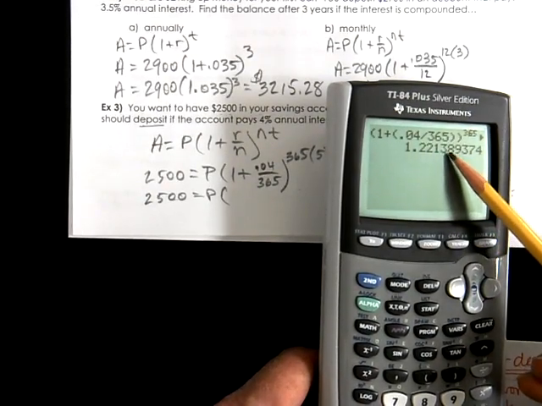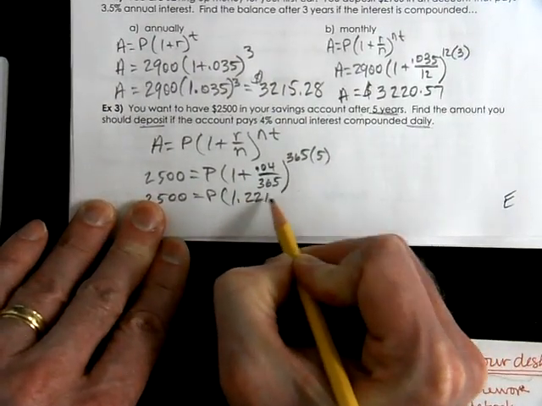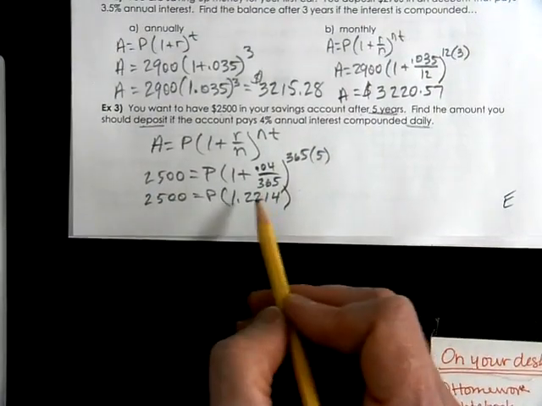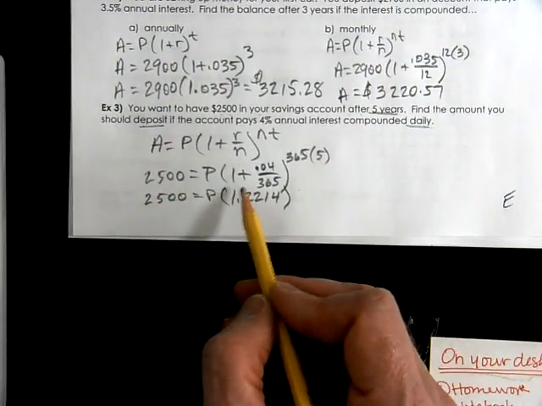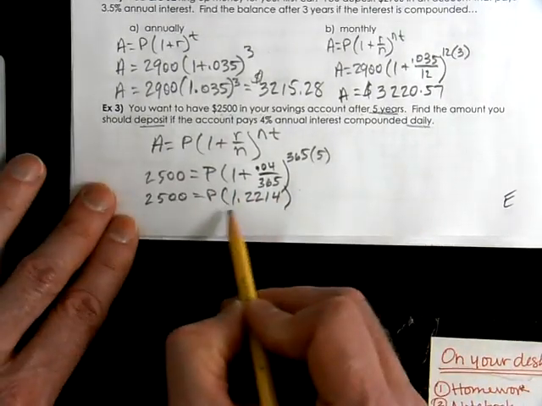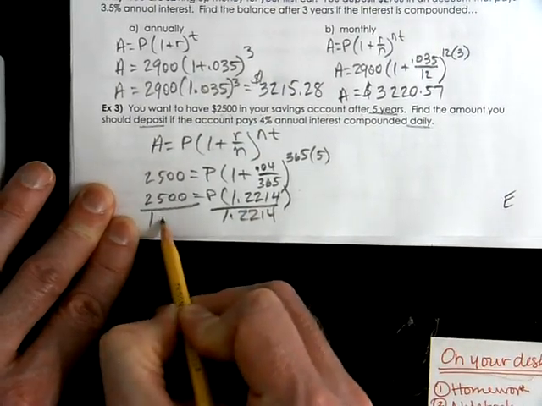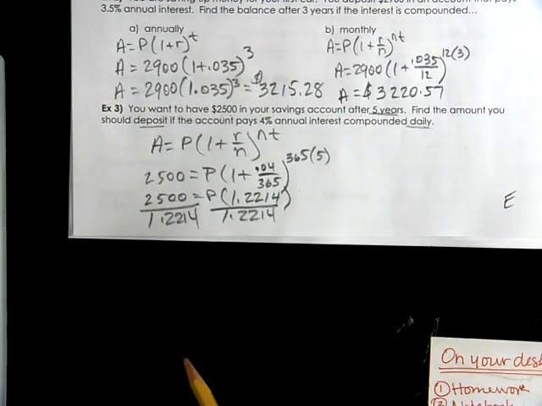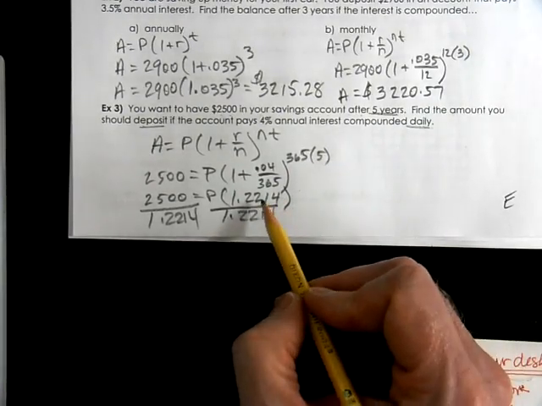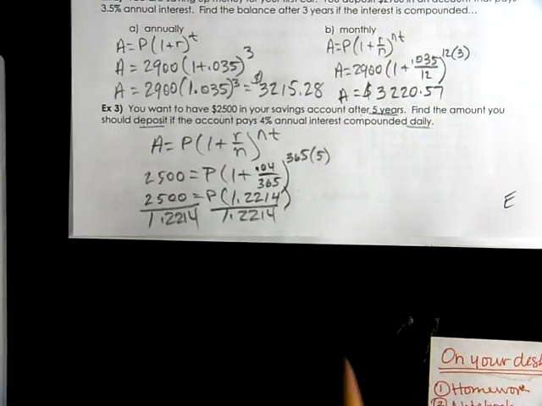1.221, that would round to a 4. 1.2214. Just writing a lot of numbers. It doesn't matter what you round here. If you want to call it 1.2 or 1.22, that's fine, because you're not going to divide by that number. It's kind of silly when some of you write so many values after the decimal, because you're trying to be as accurate as you can.